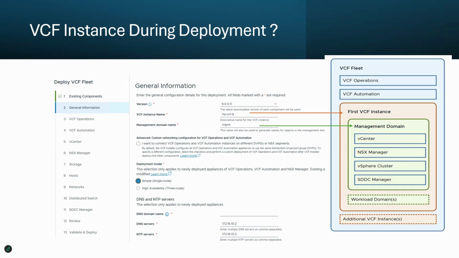This will help you understand it better. If you have any queries on this architectural discussion of the first VCF instance and the management domain, you can ask me now.